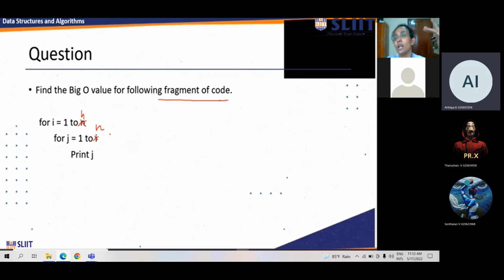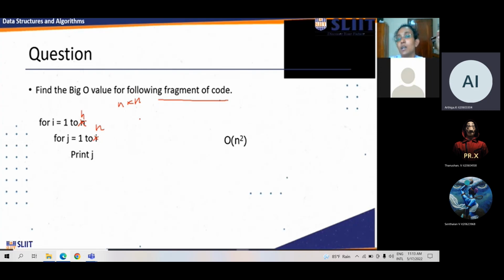So if you don't know it, and if you have the for loop like inner and outer, for each outer loop iteration, you know that inner loop is also iterating. So the total number of iterations will be n into n. For each outer loop iteration, inner loop is also iterating, means that total number of executions will be n, sorry, not n to the power n, n into n, which is n squared.